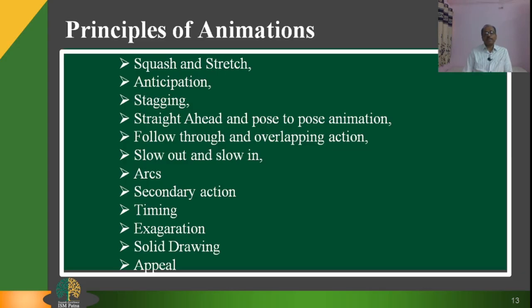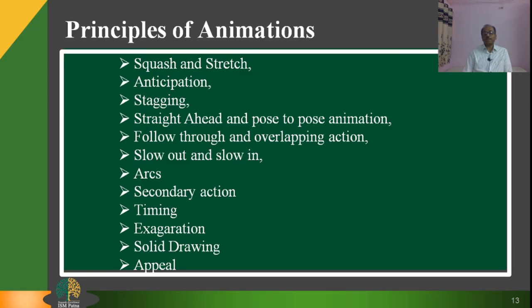Another one is straight ahead and pose to pose animation. Straight ahead animation starts at the first drawing and works drawing by drawing to the end of the scene. We can lose size, volume and proportions with this method, but it does have a spontaneity and freshness.